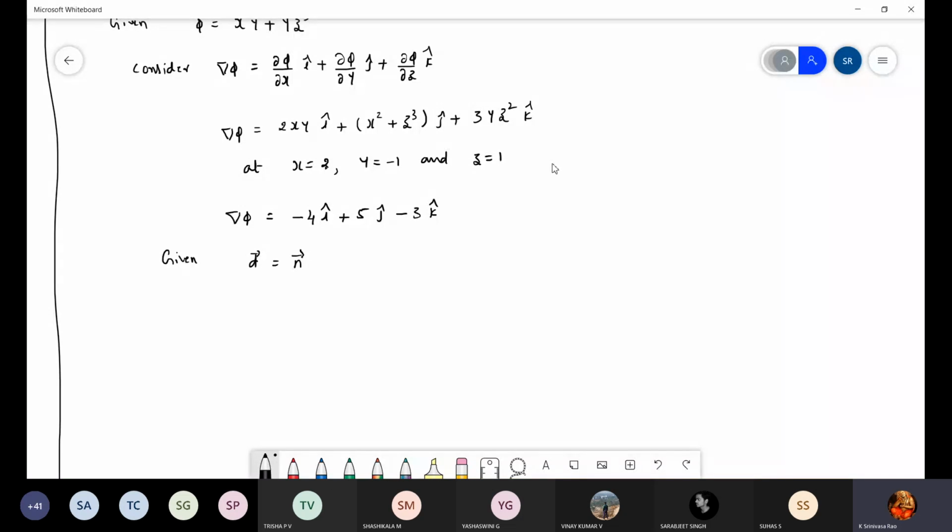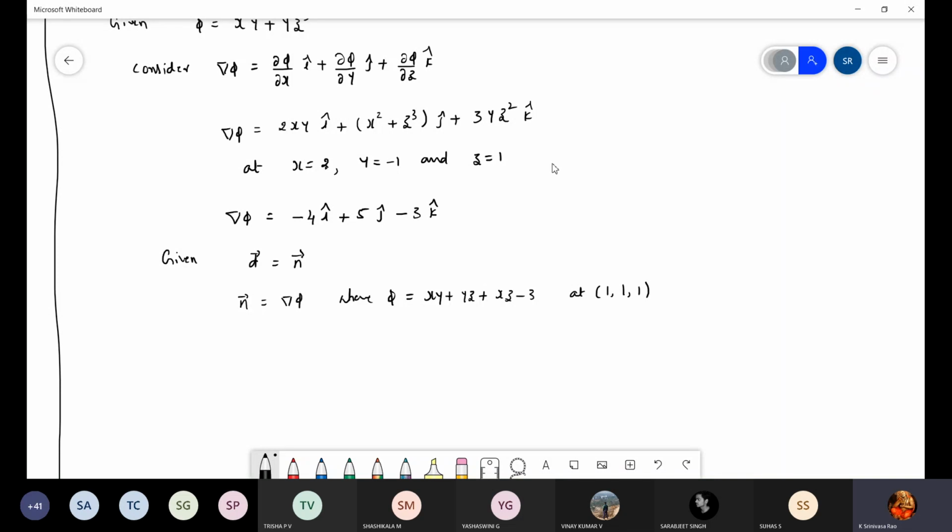So vector n equals grad phi, where phi equals the second surface, xy plus yz plus xz minus 3, at 1, 1, 1. So this is actually vector n, the normal vector, and the normal vector is nothing but d.